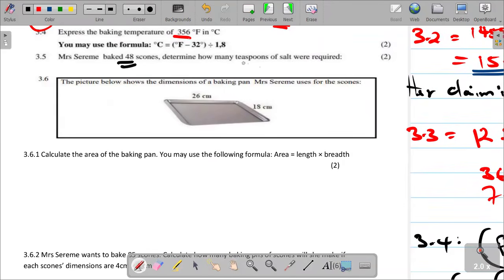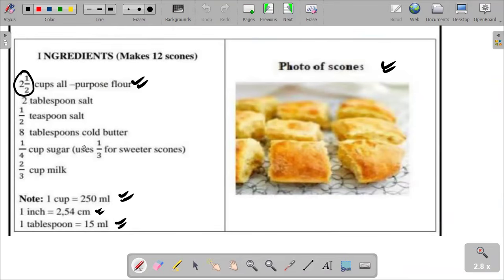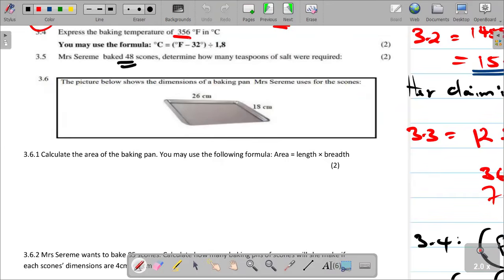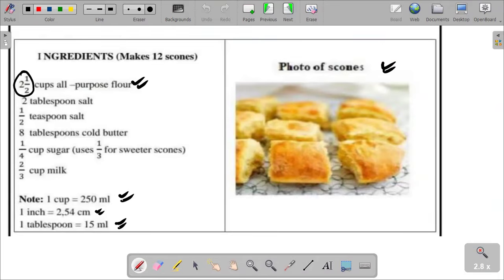We have half a teaspoon of salt in this one.